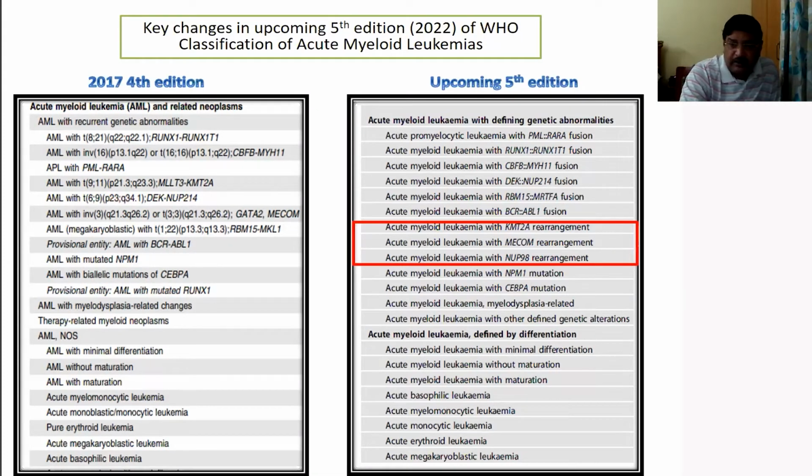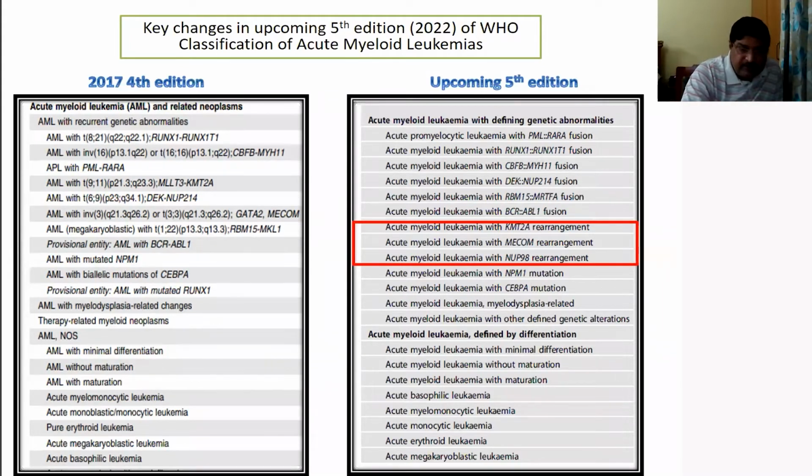You had DEK::NUP214 fusion previously, and in both classifications it has been retained. If you look at the left and the right side, there are a lot of similarities. What is important is that all the cytogenetically and molecularly defined entities of the fourth edition are retained in the fifth edition, with the addition of these three.